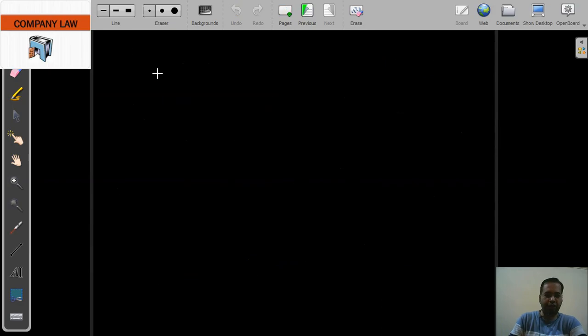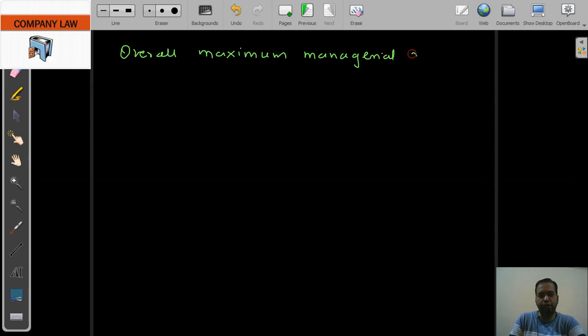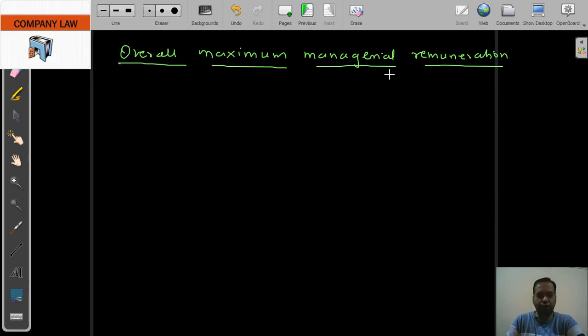Let's try to understand. We need to understand with the help of the chart what can be the overall maximum managerial remuneration.